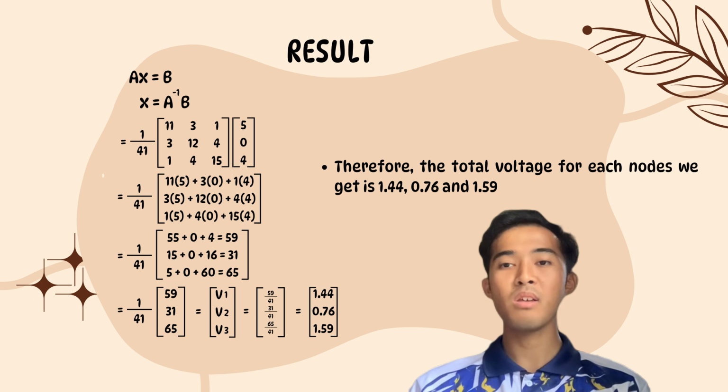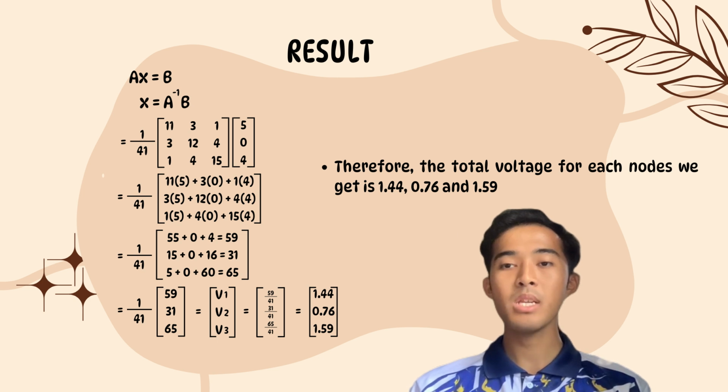To obtain the result, we use the formula AX equal to B. We move A to the right hand side and it will be X equal to A inverse B. We plug in all the information that we have and it will be 1 over 41 times the 3 by 3 matrix 11, 3, 1, 3, 12, 4, 1, 4, 15 times the 3 by 1 matrix 5, 0, 4.